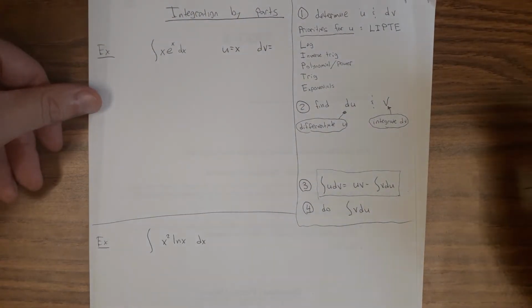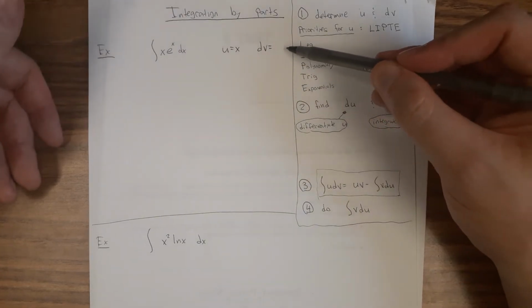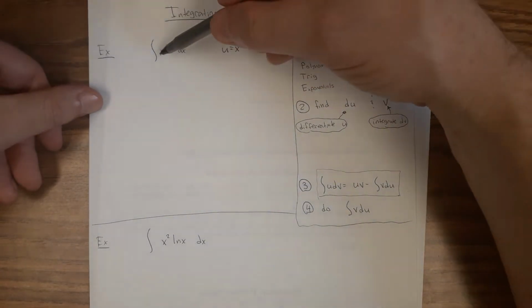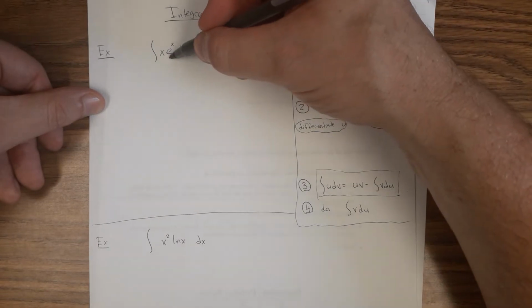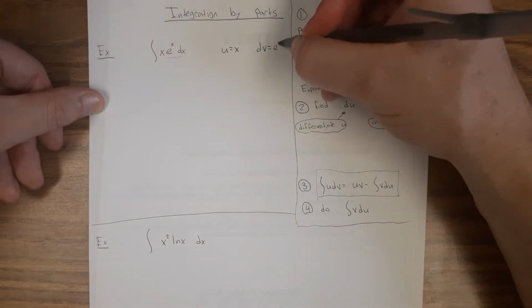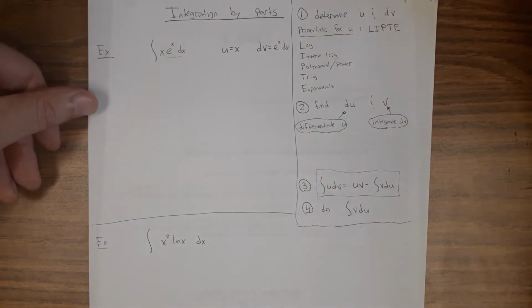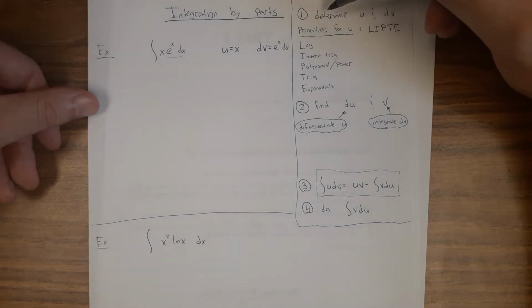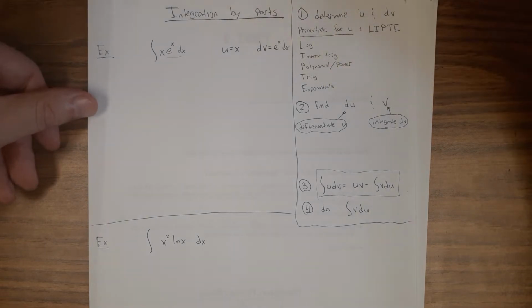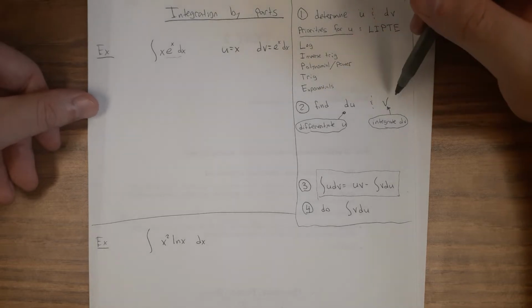And like I said, dv has to just have everything that u doesn't have. So u was this x, so that means dv is the rest, e to the x dx. So we're good with step 1. We've determined u and dv. Let's move to step 2.